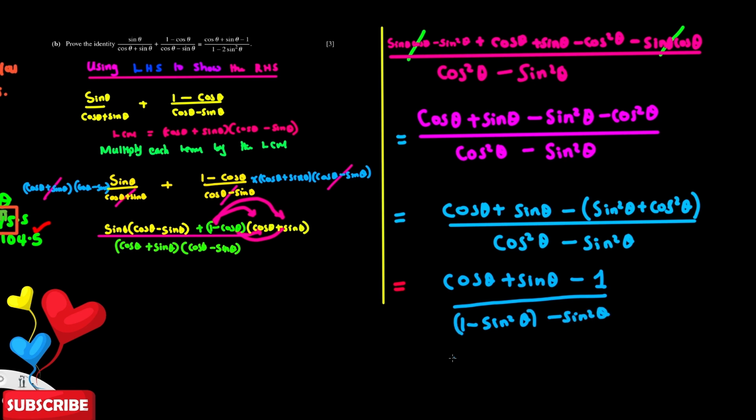We have negative sine squared theta twice, which reduces to negative 2 sine squared theta. So finally, we have our expression as shown in part B. Basically, that's what you are supposed to do in this question. We need to move straight to another part of this question.